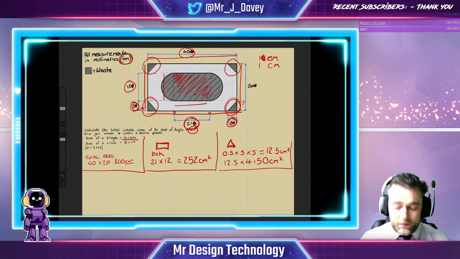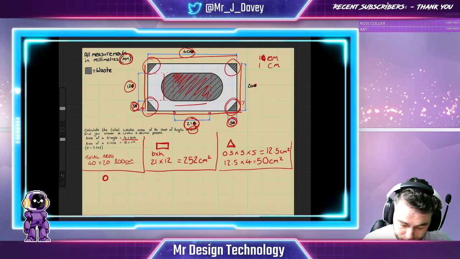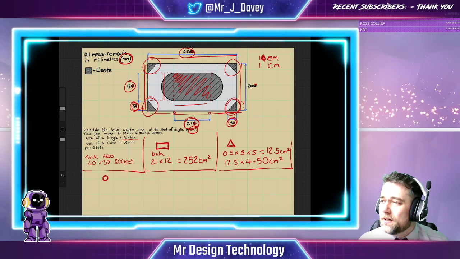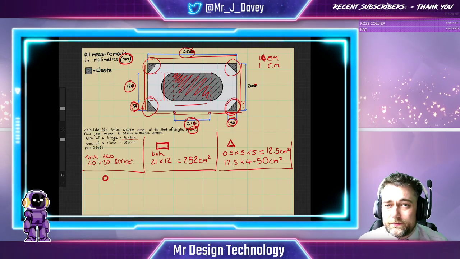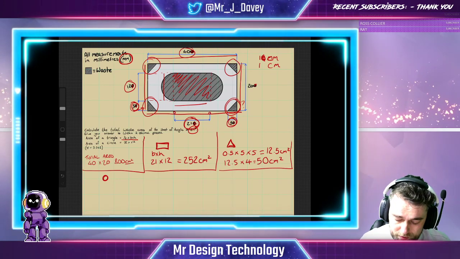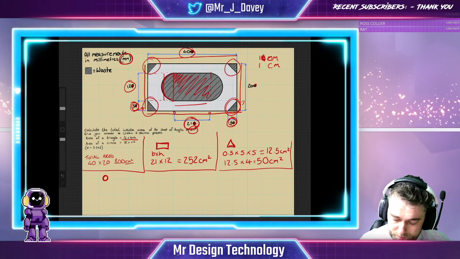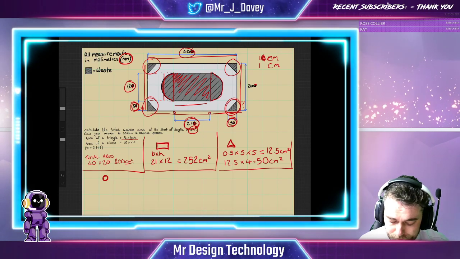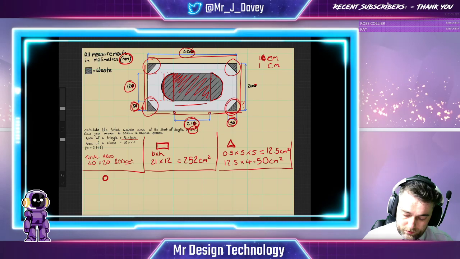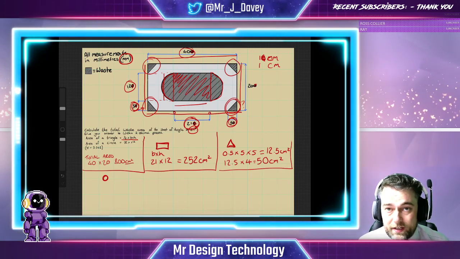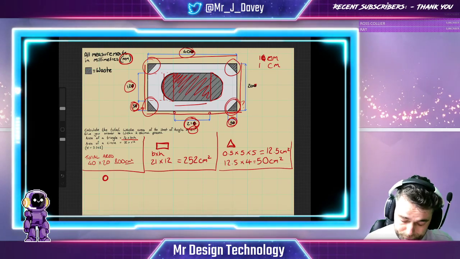Okay, now we're going to move on to our circle. And you might be looking at that and going, well, I can't see a circle there. Well, we're going to have to join this piece and this piece together, and we're going to have to add those to make our circle. So those two semicircles will be joined.